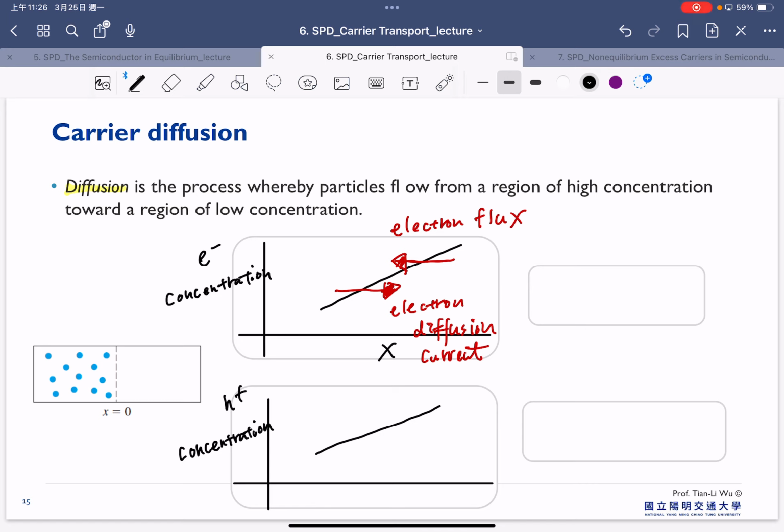That means we have the hole flux toward the left.